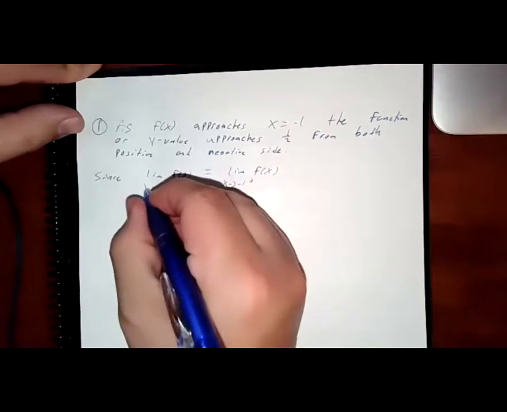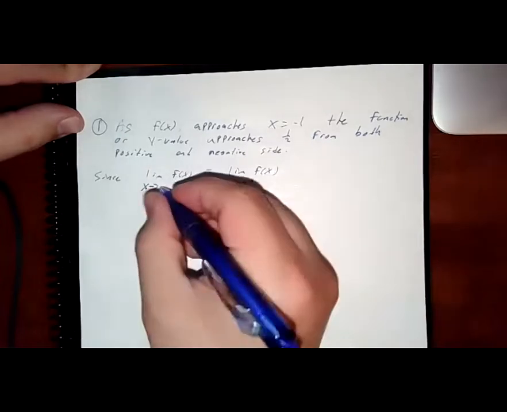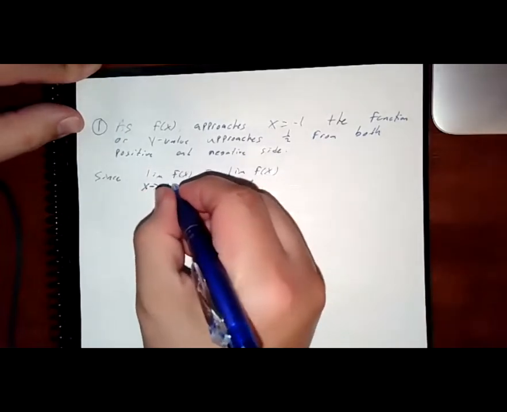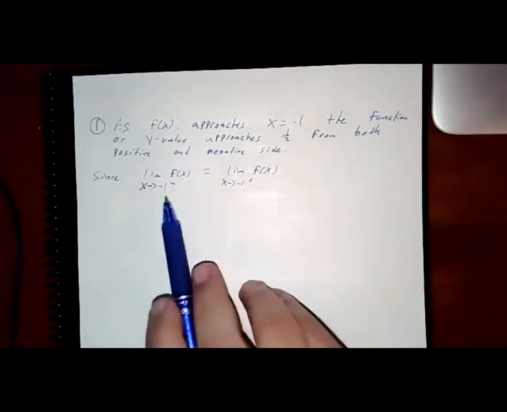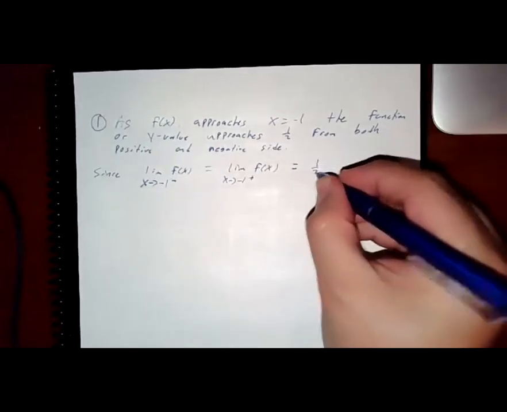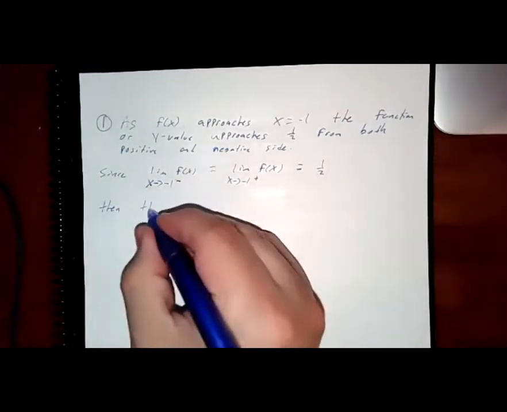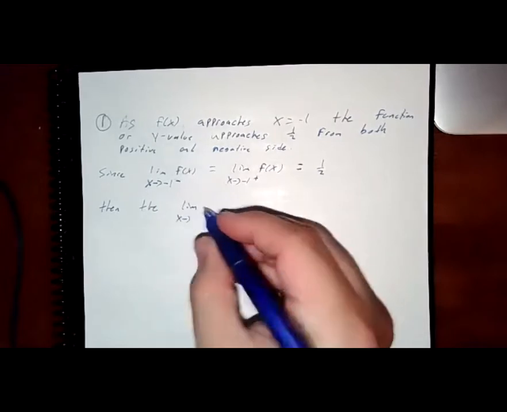Don't worry, we know what it means. So since this is equal to that, both limits are equal to each other, which is a simple way to say that they're both equal to 1/2. Then the limit exists, right?